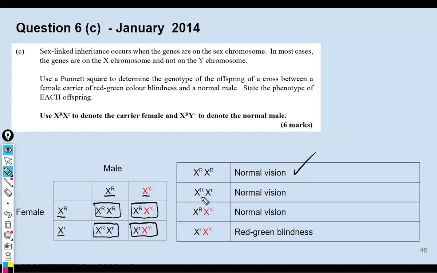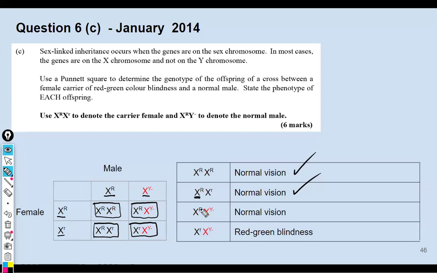A person with X capital R, X common R, remember the X common R is the one that causes the red color blindness, but he's the recessive one. Won't the body listen to the dominant one? So this person will also have normal vision.